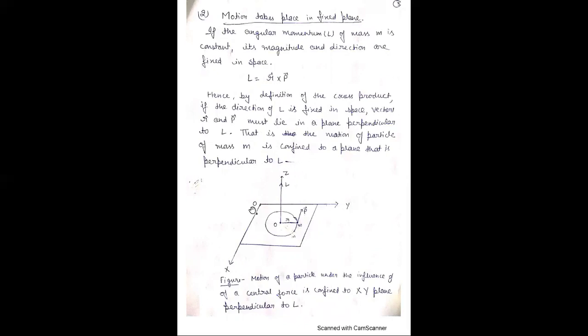Suppose this is the origin. Here is a particle moving with mass m, at radius r from the origin, and whose linear momentum is p.